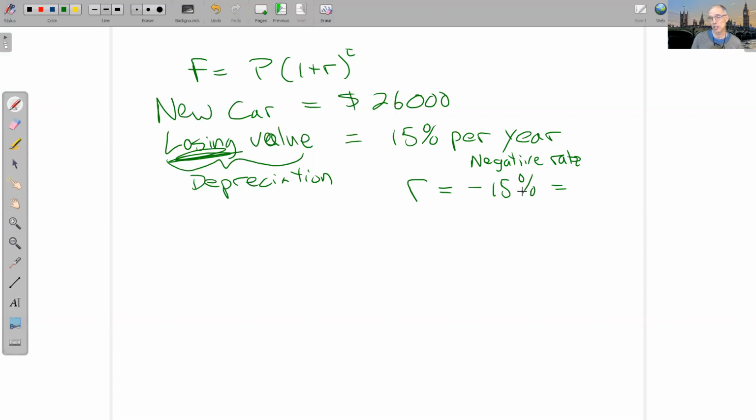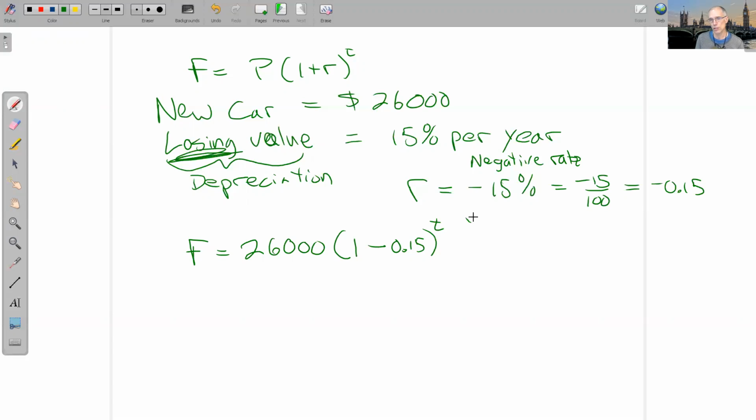Remember, the percent symbol means divide by 100, so this would be negative 15 over 100, which is negative 0.15. Applying this to my formula here for the future value of the car, I'm starting with $26,000, and then I have 1 plus my rate, which is a negative, so I'm going to do a minus 0.15. And then T would be the number of years.